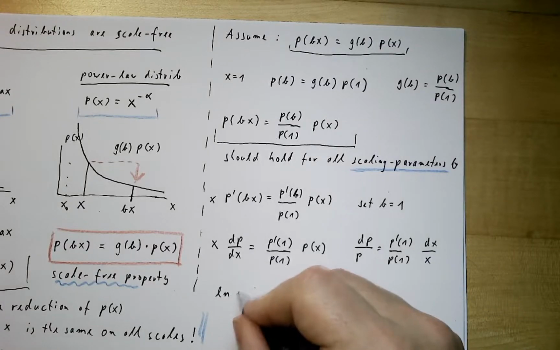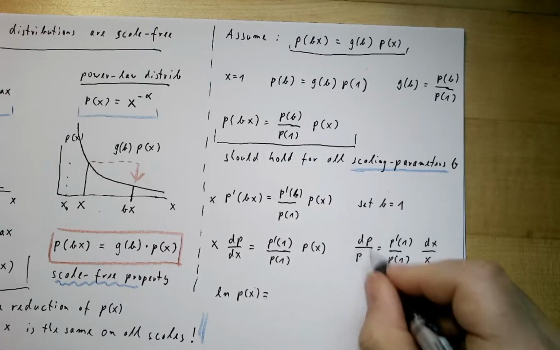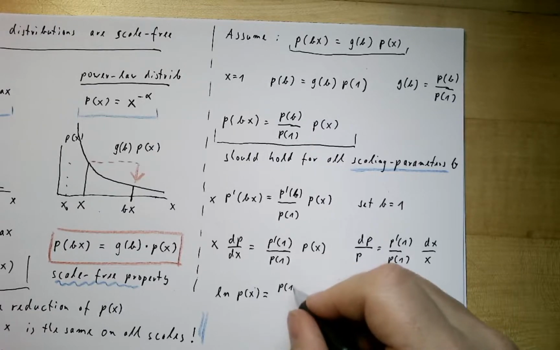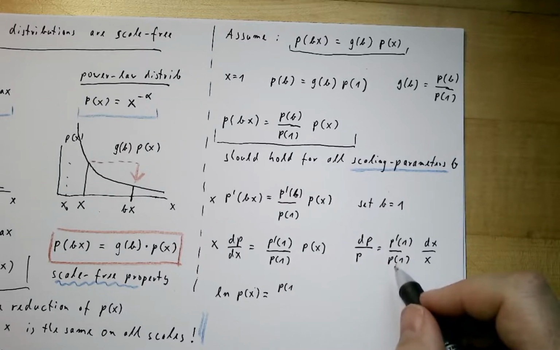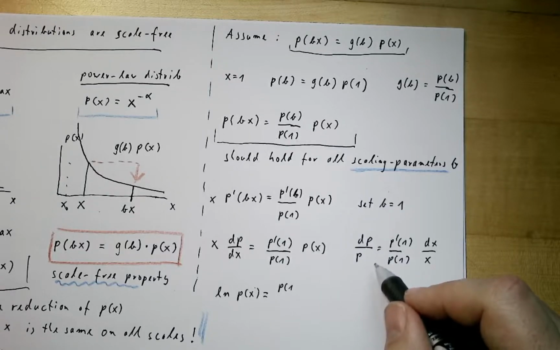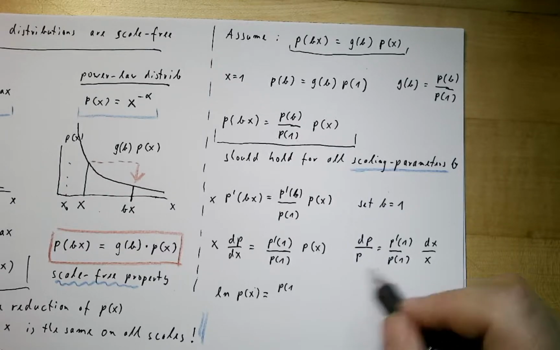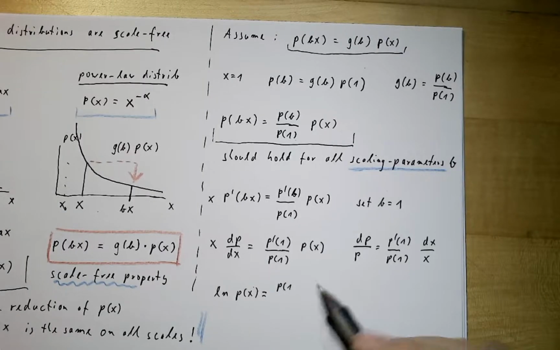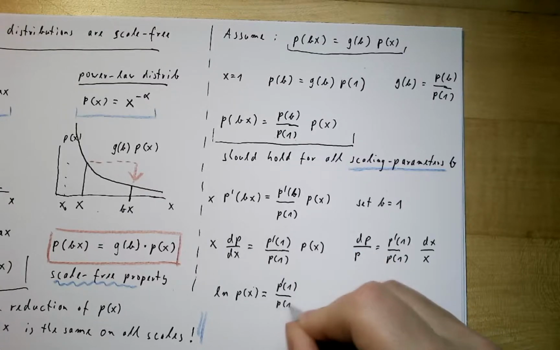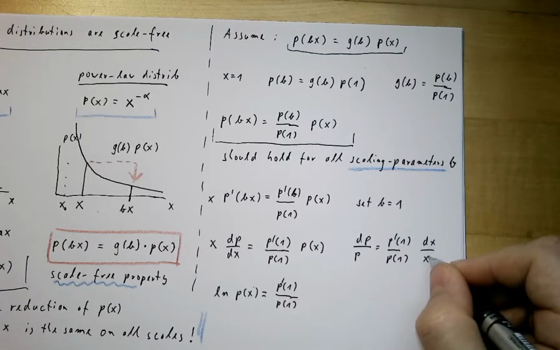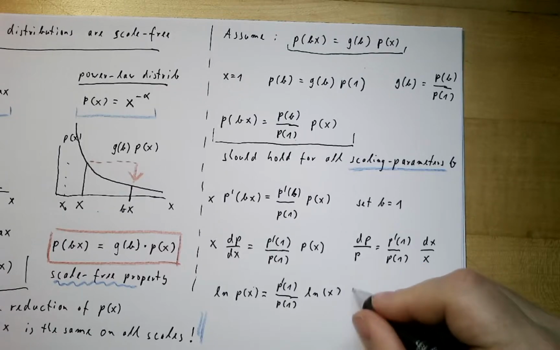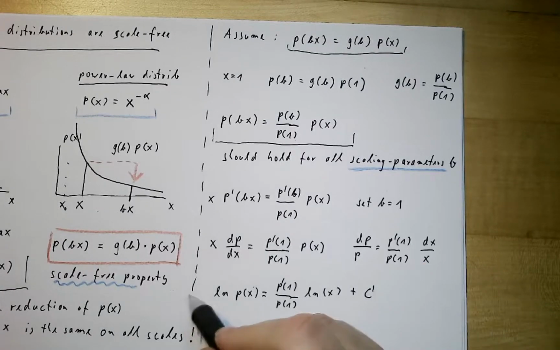Then we have logarithm of p of x, if we integrate this, equals, now I have to be careful that I didn't make a mistake here. Yeah, it's correct. So p prime of 1 divided by p of 1 times logarithm of x, and then plus an integration constant c.